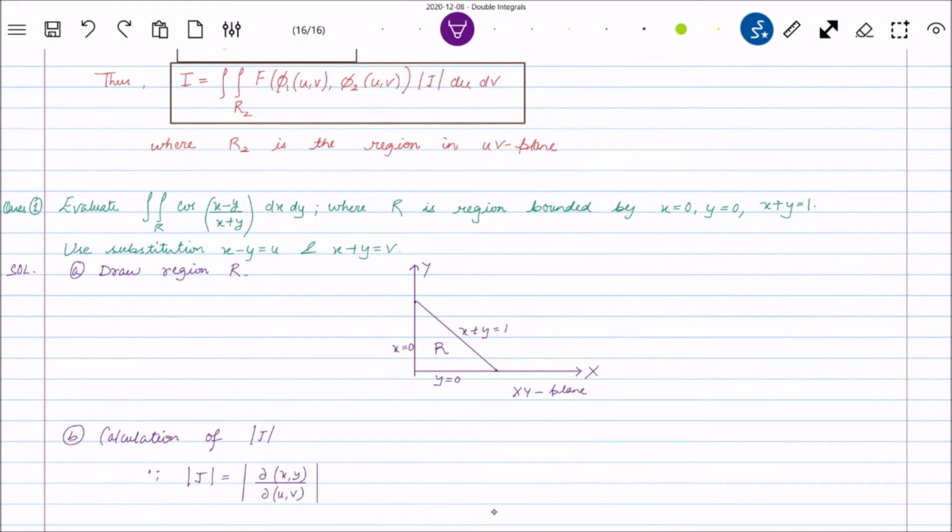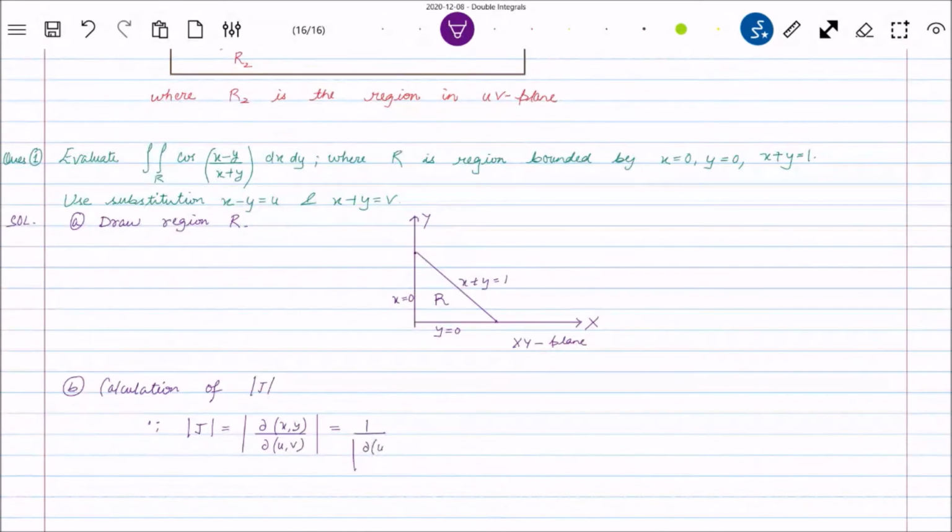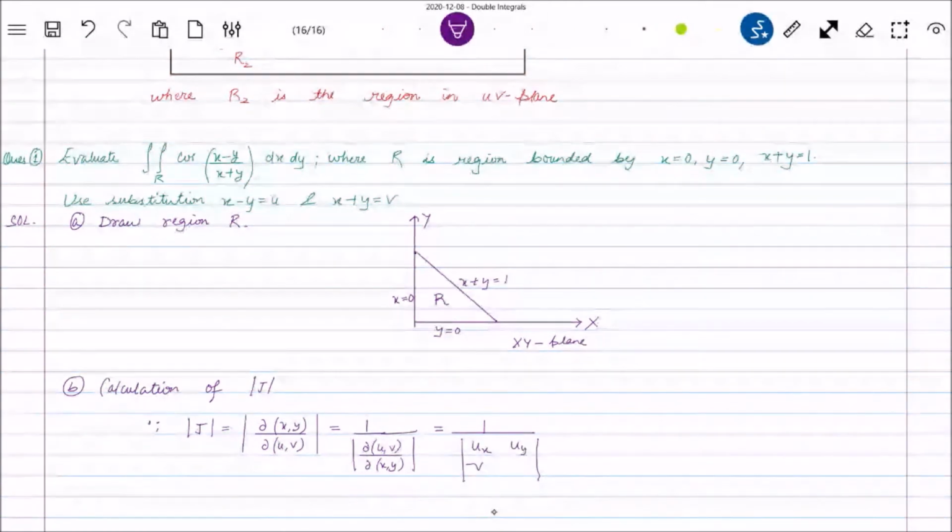So what am I going to do? I can cleverly write this as 1 upon del(u,v) by del(x,y). And what is this? This is the Jacobian of uv with respect to x and y. So I will write del u by del x, del u by del y, and del v by del x, del v by del y.